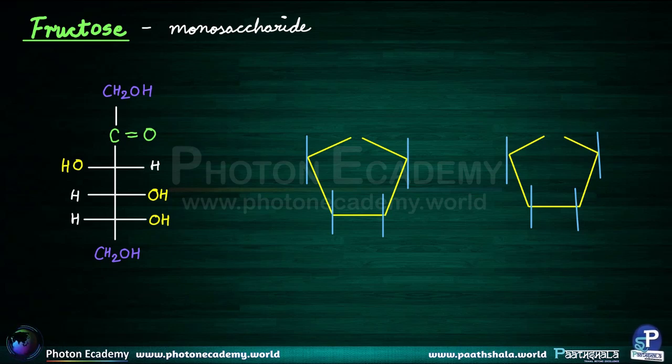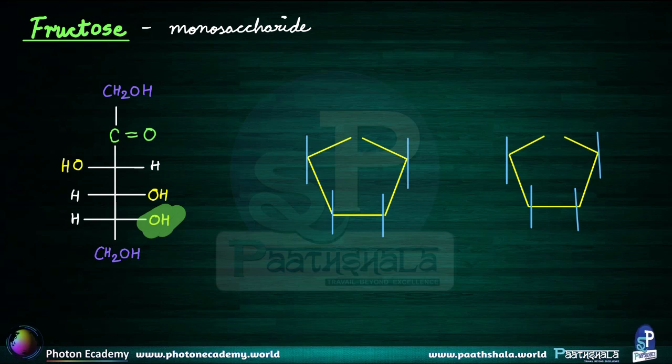So now we have our structure of fructose, and since the OH is lying on the right hand side of the last chiral carbon, we can call this D-fructose. Let us move on to the basic that we wanted to cover, which was to make this open structure go into the cyclic form.